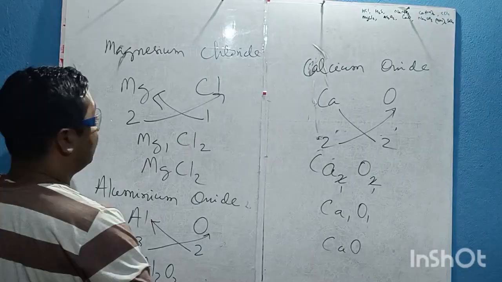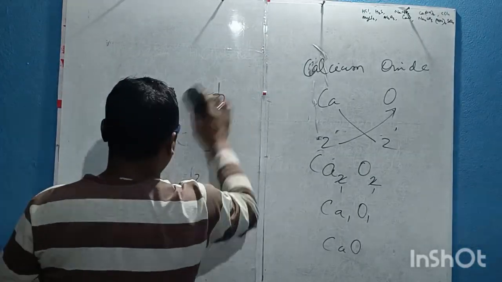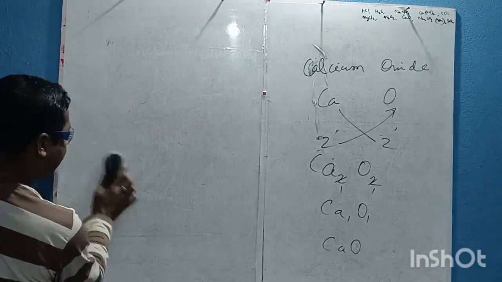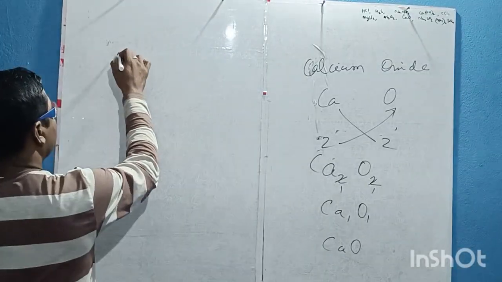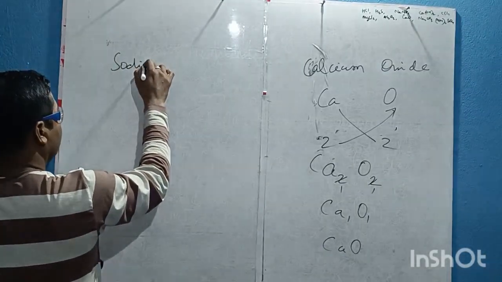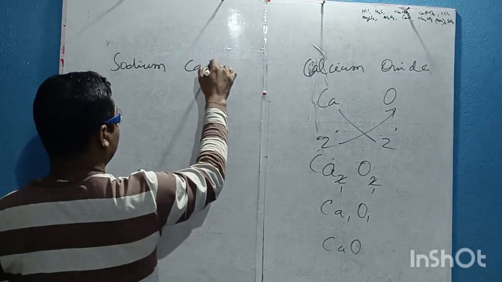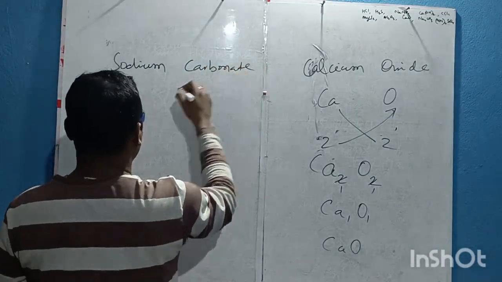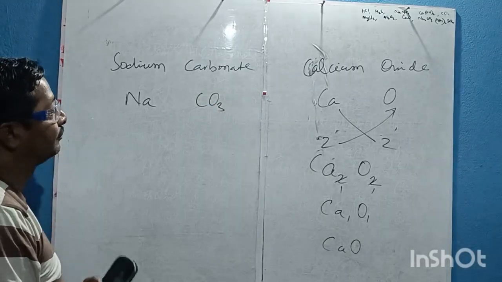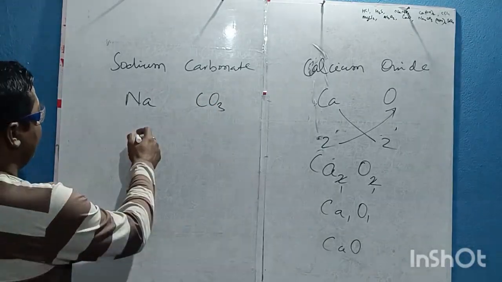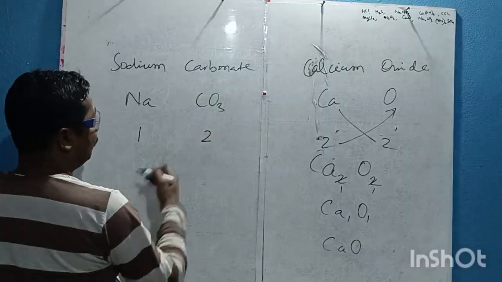Now come to another example, so that it will be clear. Sodium carbonate. Sodium, symbol Na, carbonate, CO3. So sodium has valency 1, carbonate has valency 2.